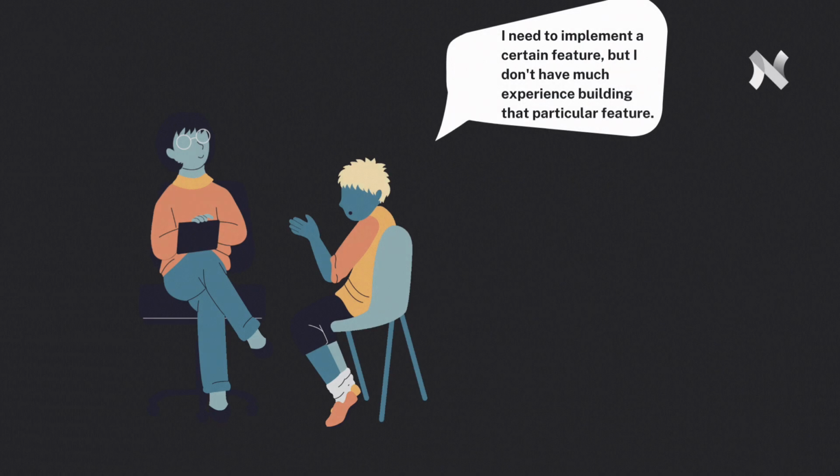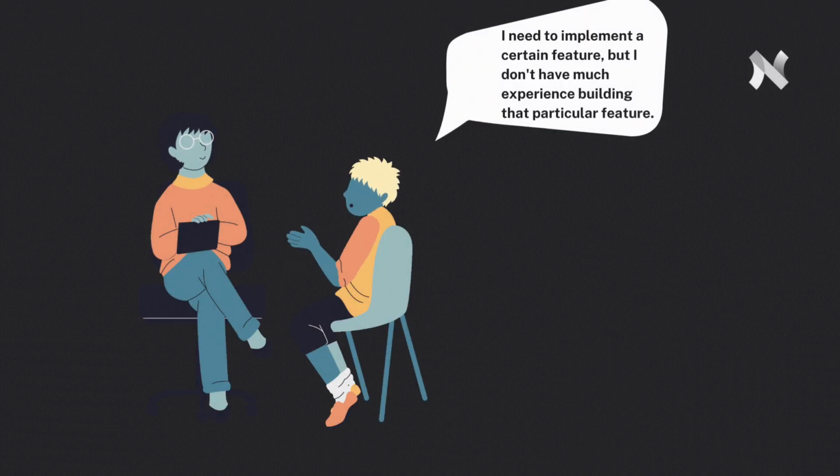Let's say your project is to develop a software product. During the retrospective for the last sprint, a team member says, "I need to implement a certain feature, but I don't have much experience building that particular feature." Someone else on the team is an expert on that feature, so you decide to pair them up so they can work on building the feature together during the next sprint. You've just blended XP and Scrum.